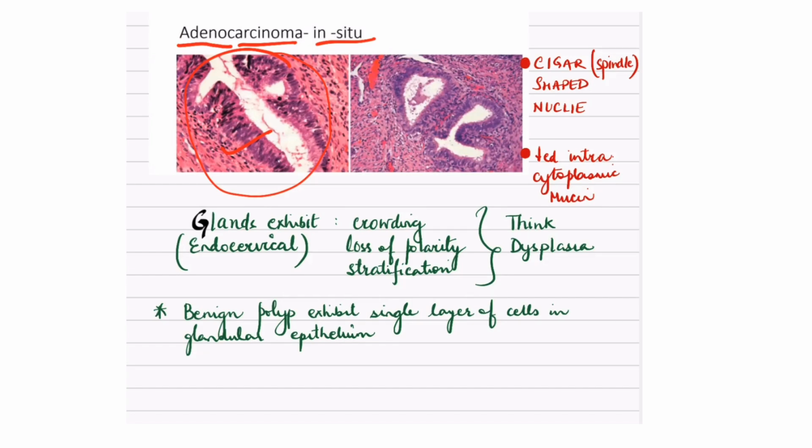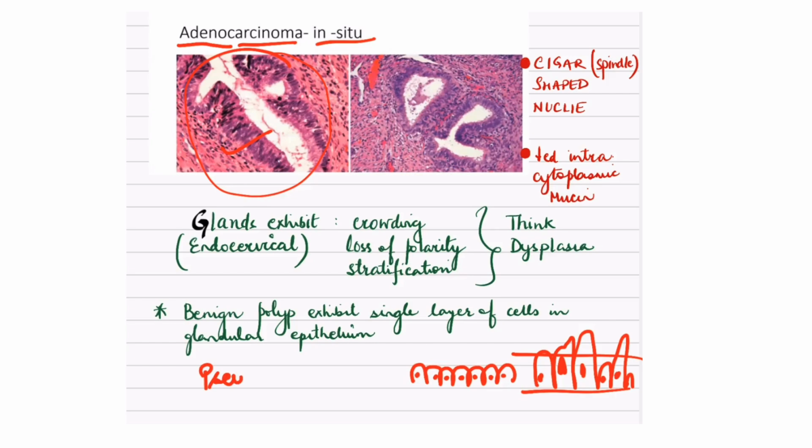For example, these are single layers of cells which are good, which were seen in endocervical polyp. Then if there are reactive changes, the same cells will look like this because there is pseudostratification. Like the nucleus begins to exhibit itself at different levels. So there is a single layer, but the nucleus is at different levels, which leads to pseudostratification.